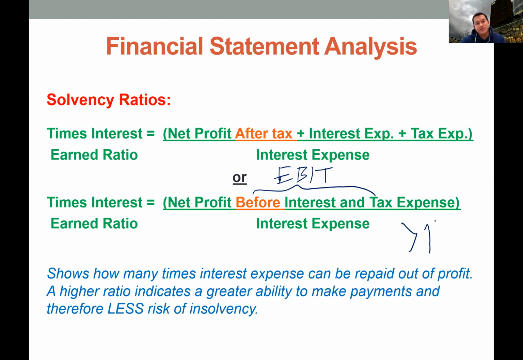As they issue more bonds or use more liability financing, this interest expense will get higher and higher, so it is really critical that they have sufficient resources to actually repay all the interest expense. If we have a higher ability of interest repayment, it means the company is more solvent.